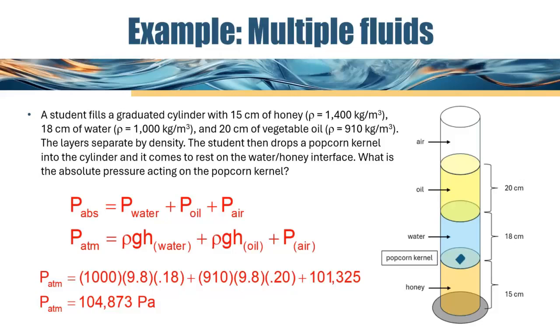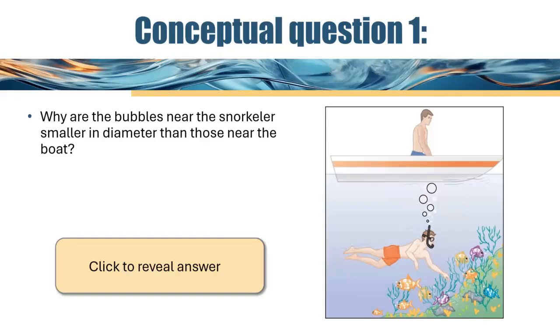The density of oil is 910 times 9.8, and the oil is 20 centimeters, or 0.2. And then the air pressure, which is atmospheric pressure, 101,325, and the absolute pressure acting on the popcorn kernel is 104,873 pascals.